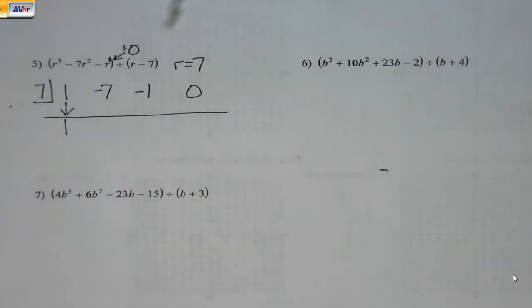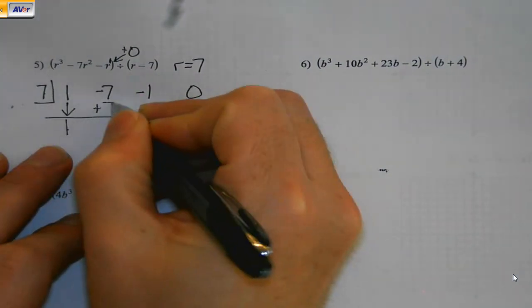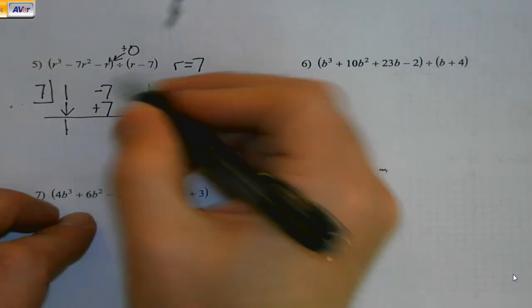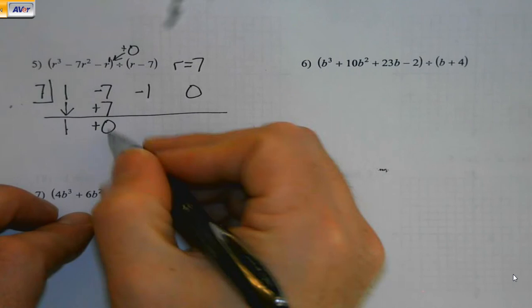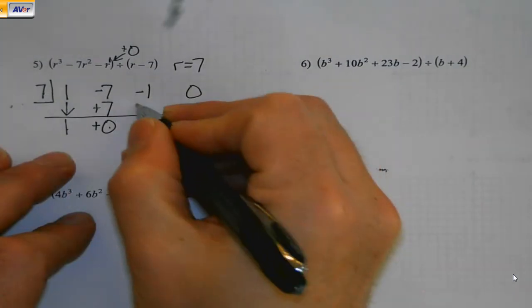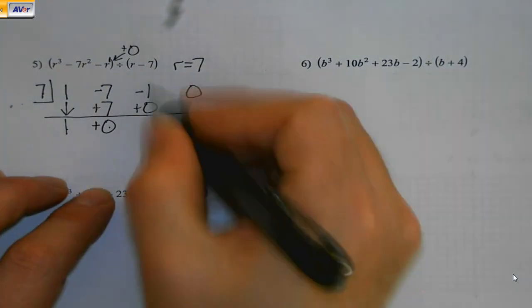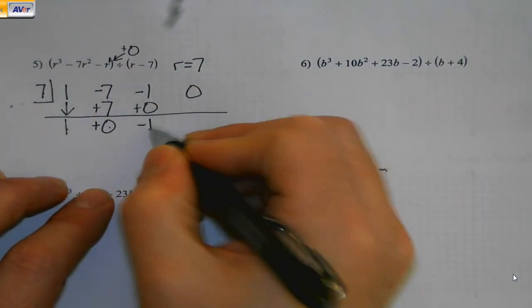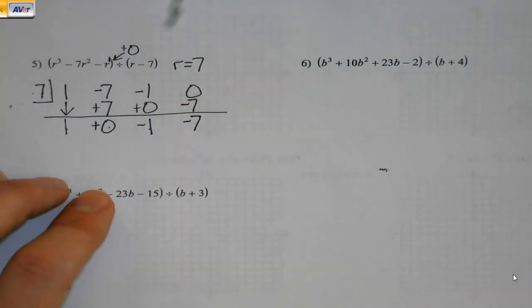Everything else is going to stay the same. Pull my first term down, multiply it by what's in the box, add down. Multiply by what's in the box. Again, 0 times 7 is 0, not 7. Add down. Multiply by what's in the box. Add down.